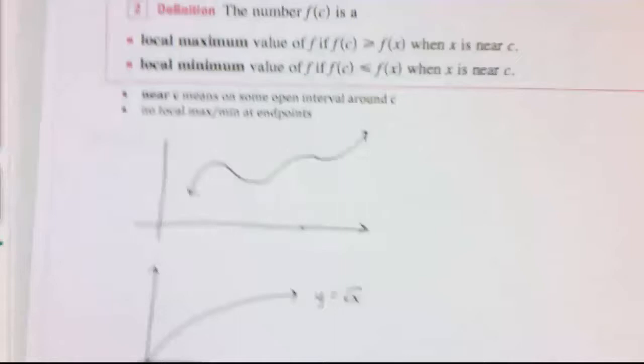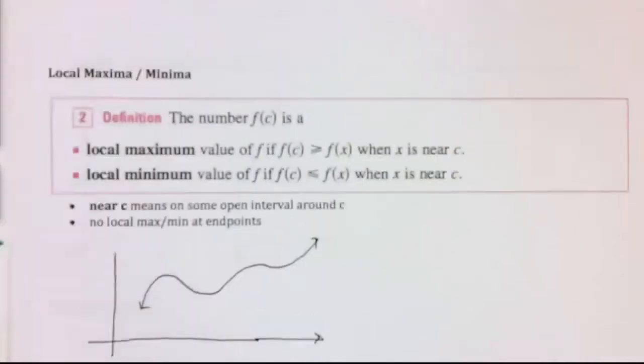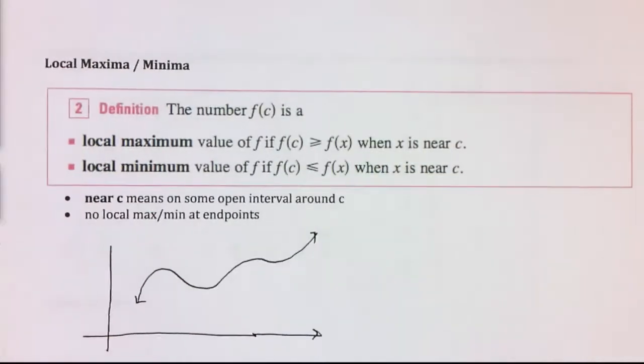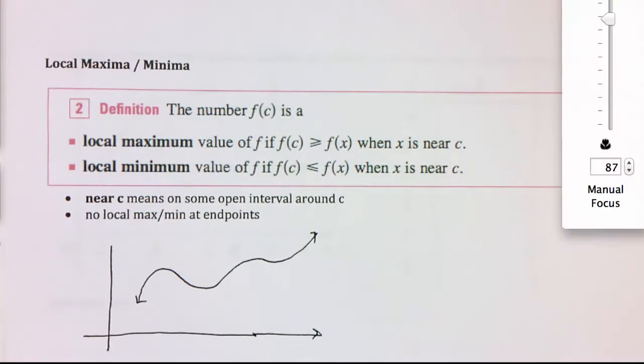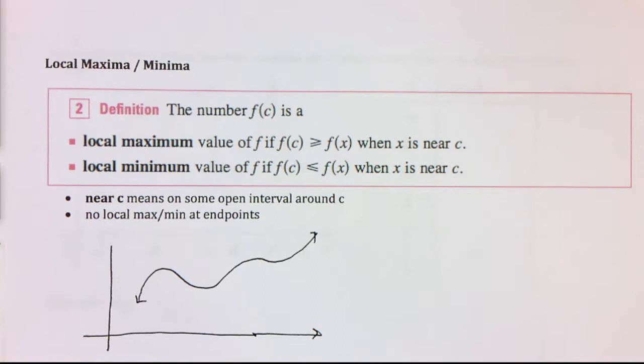Right. We also talk about what are called local maxima and minima. Local maxes and mins are points where the function is larger than any nearby points, but it isn't necessarily the largest value around.